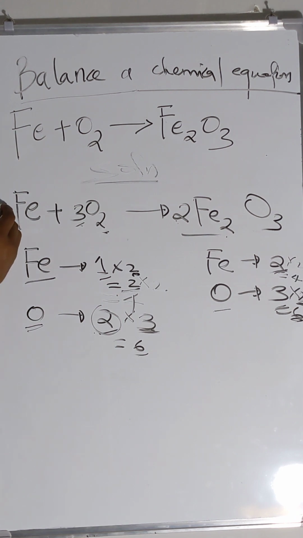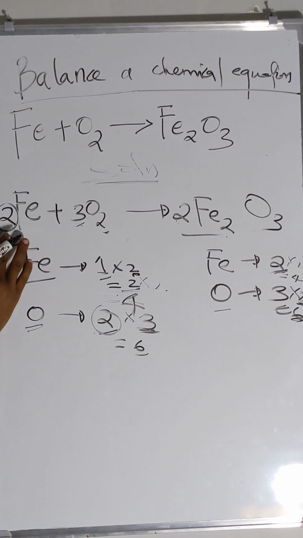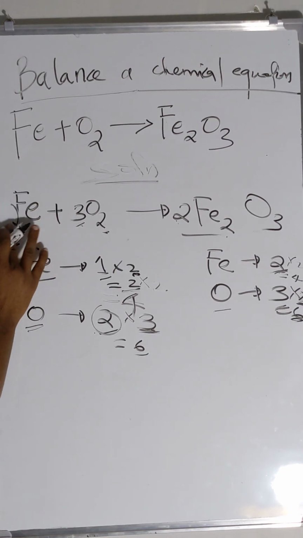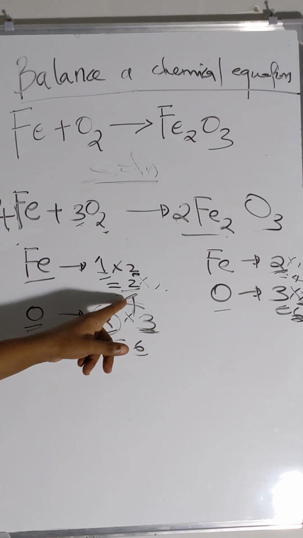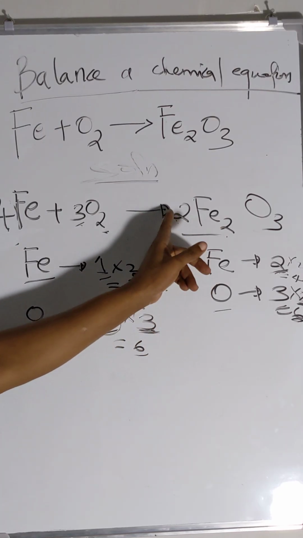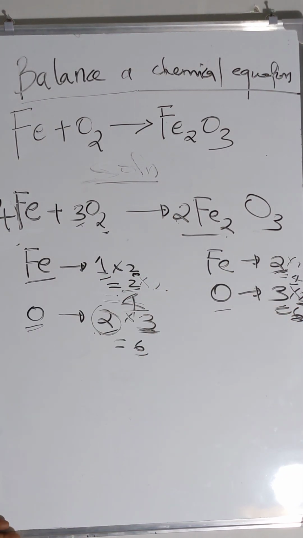So if we take this 2 and then multiply it by 2, you get what? You get 4. Okay? This 4 here. Now this is 4. Okay? Now it is 4 iron and this one is 4.